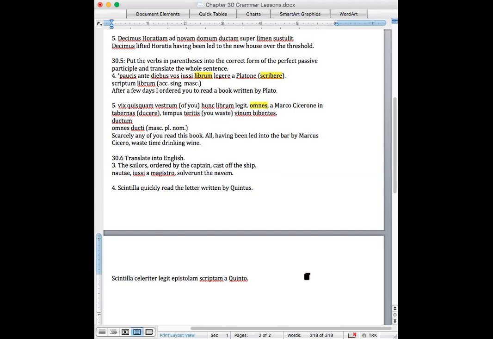If you need to break it off into its own dependent clause in English to make it make sense, please do so. I would caution you against making it a separate main verb, just because that's going to indicate that you don't know the difference between a participle and a main verb, and that might become an issue later on down the road. So make sure that the participialness is maintained.